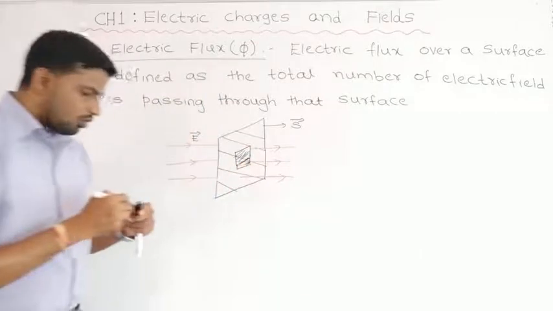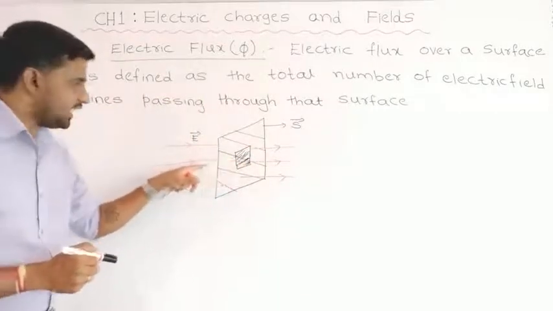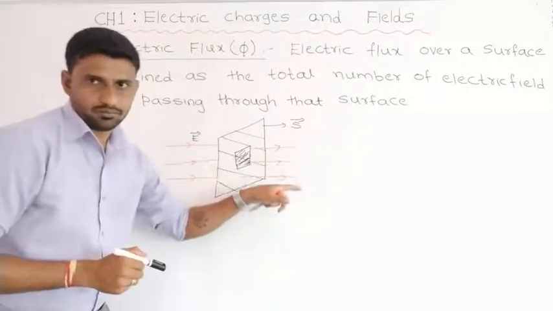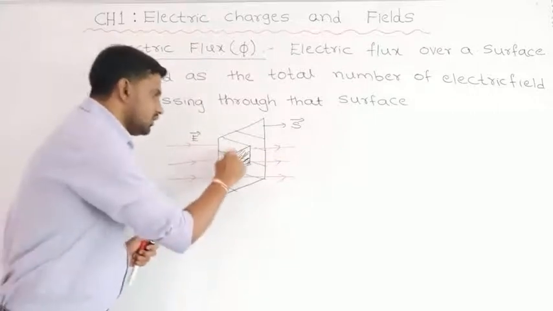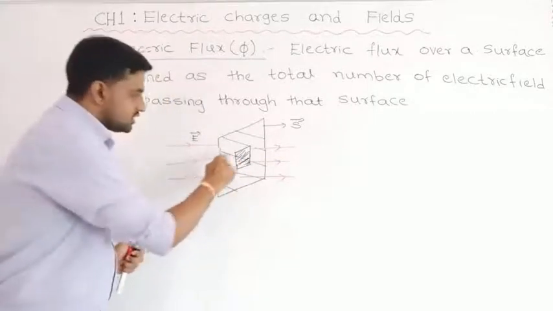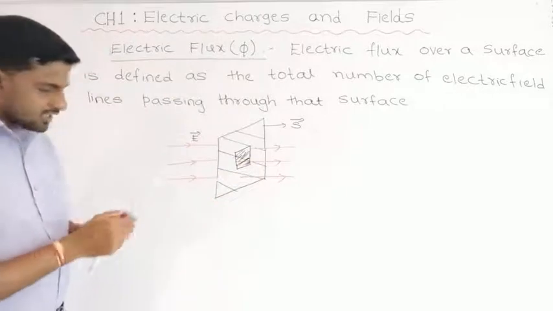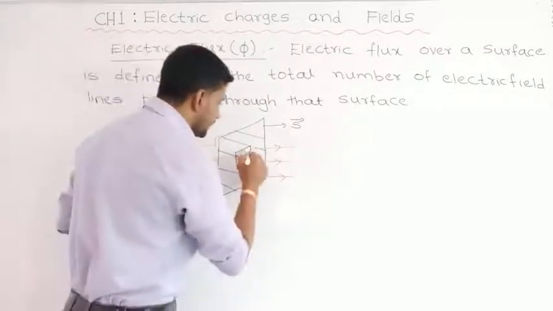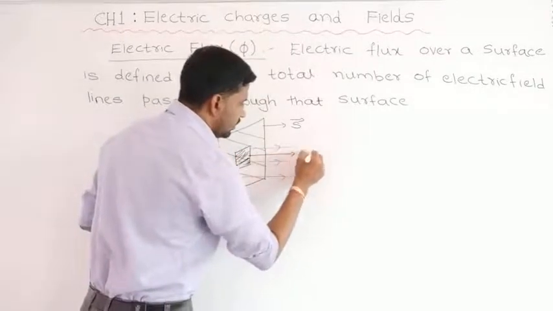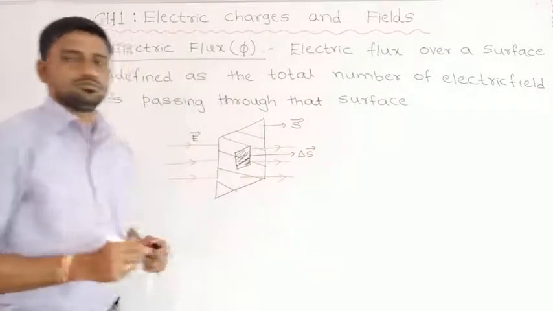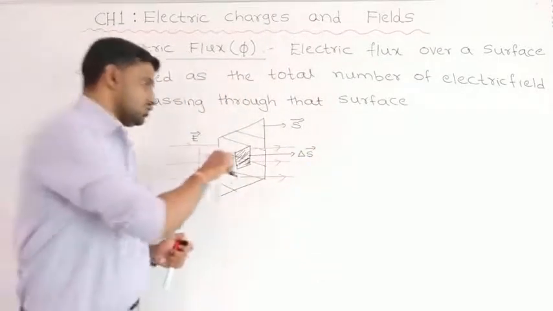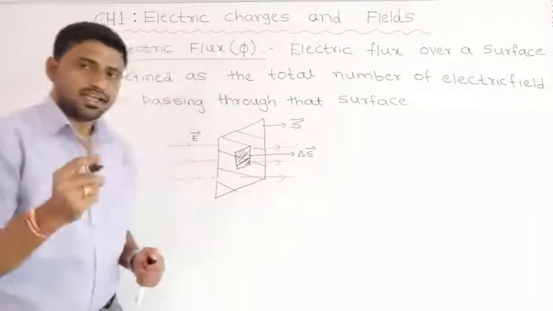And through this small surface area element also, electric field lines are passing. Now I am going to find the electric flux through this small area element, and this small area element I am taking as delta S vector.